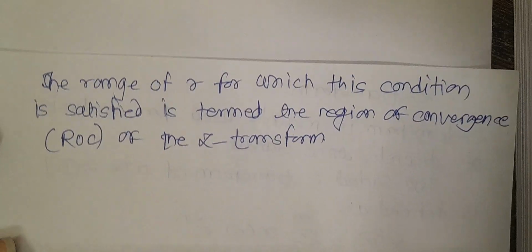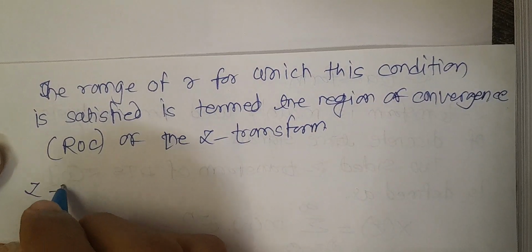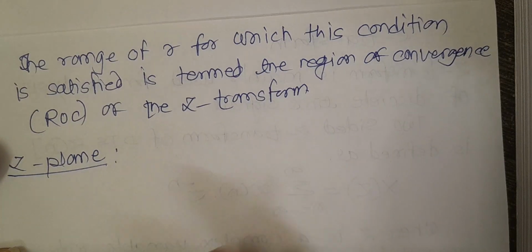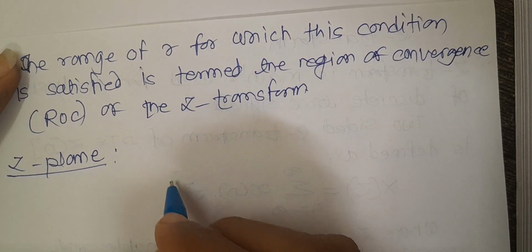So next is the Z plane. We know that it is convenient to represent a complex number z.